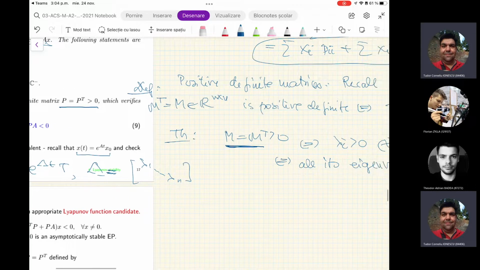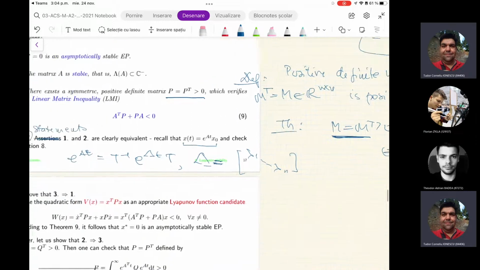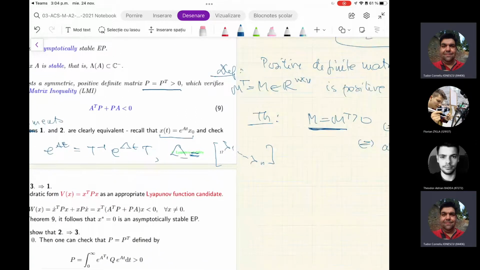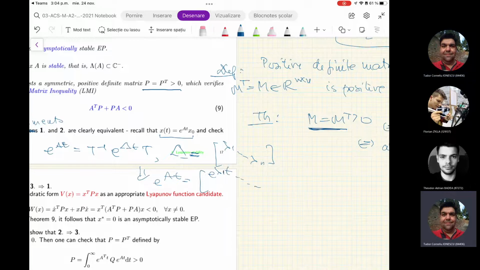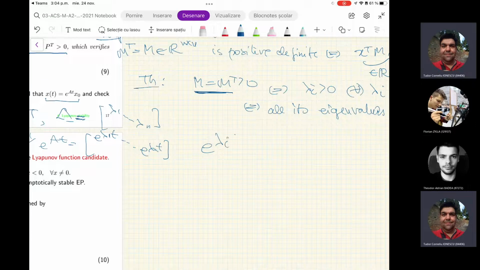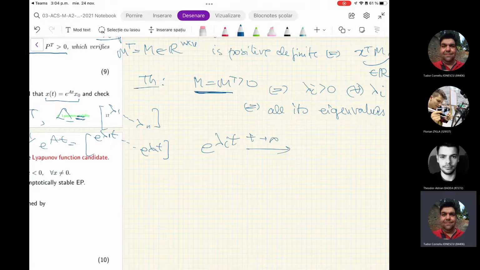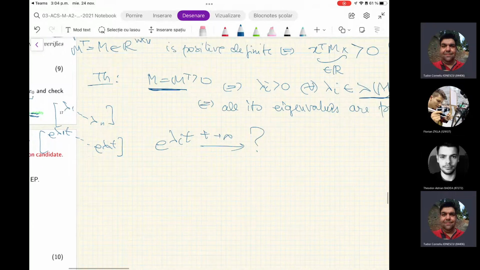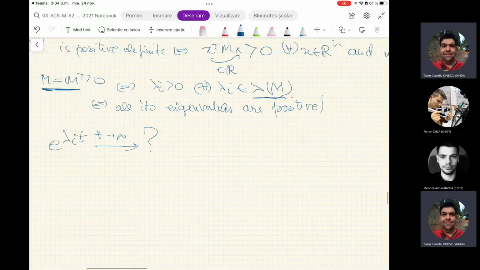So that means that e to the power At is diag of e to the lambda 1 t up to e to the lambda n t. Now, the question is, what happens to e to the lambda i t when t goes to infinity? How can we assess that?